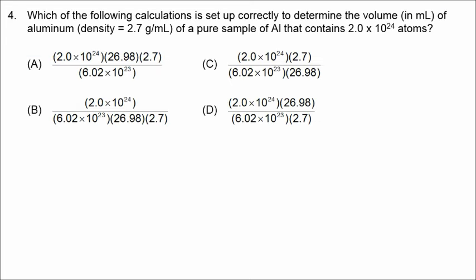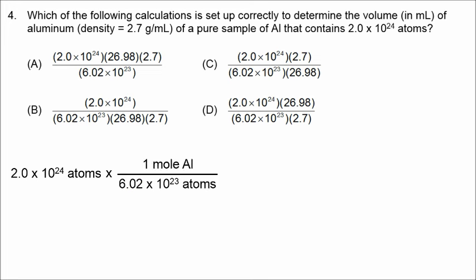Number 4, we have to work this calculation out to decide are these numbers in the correct positions. We start with the number of atoms of aluminum, so 2.0 times 10 to the 24. We're going to convert from atoms to moles, so we're going to use Avogadro's number to do that. Then we're going to convert from moles of aluminum into grams, and the periodic table tells us the molar mass of aluminum is 26.98.